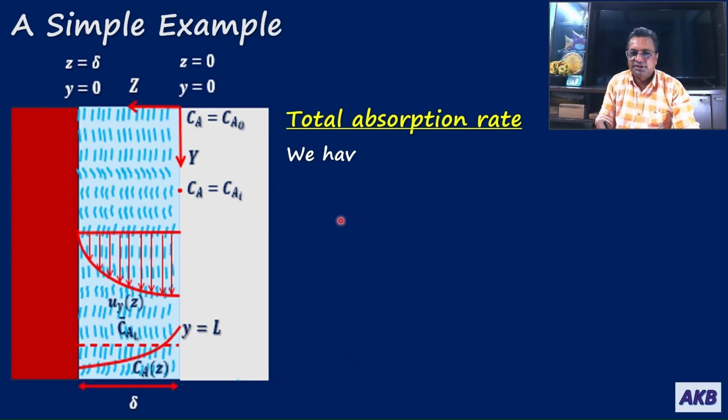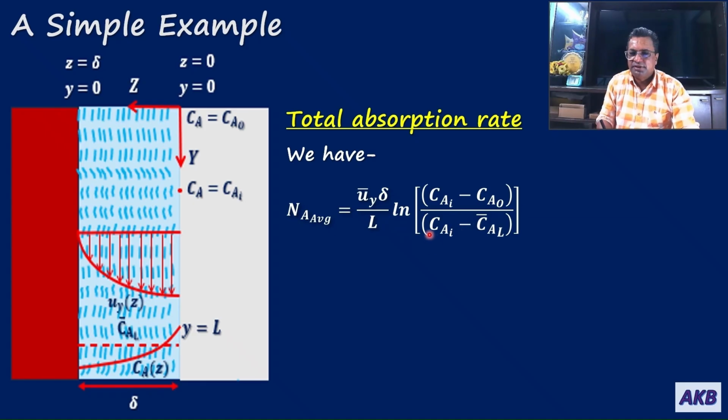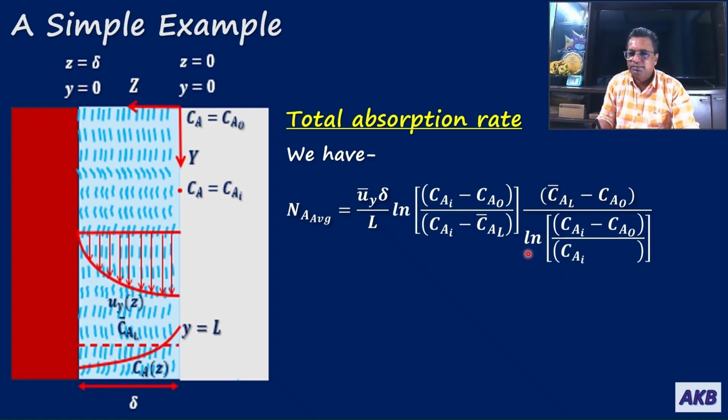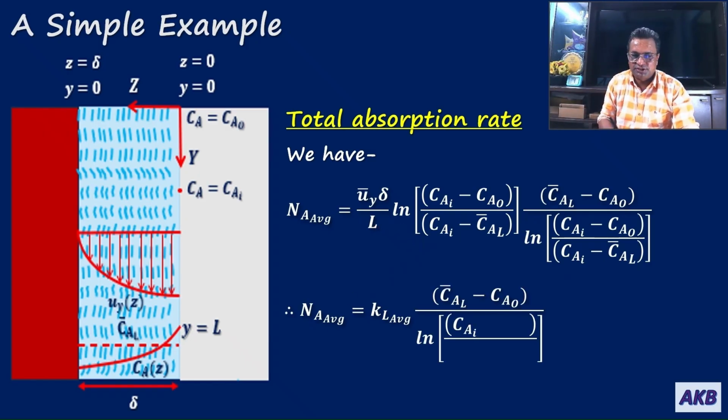So we just got this equation. NA average is equal to UY bar into delta by L into ln of CAI minus CA naught divided by CAI minus CAL bar, into CAL bar minus CA naught divided by ln of CAI minus CA naught divided by CAI minus CAL bar. But this group is the average mass transfer coefficient.